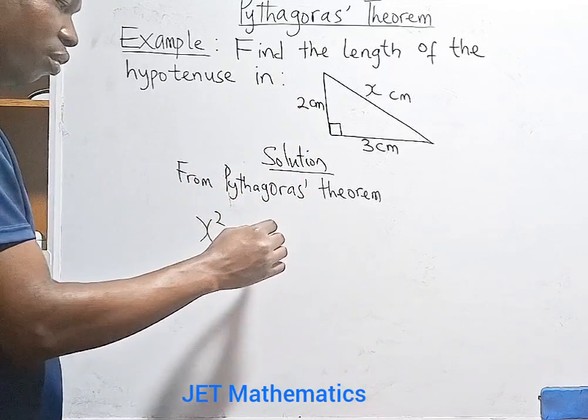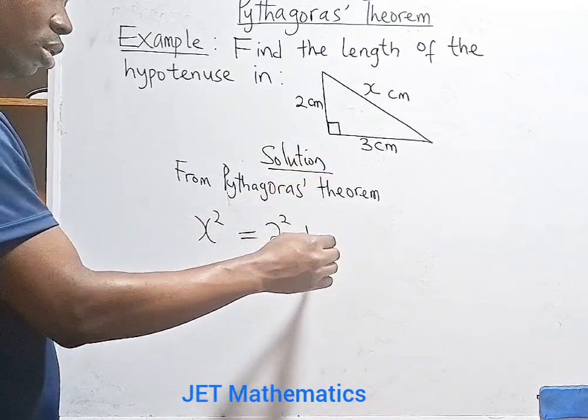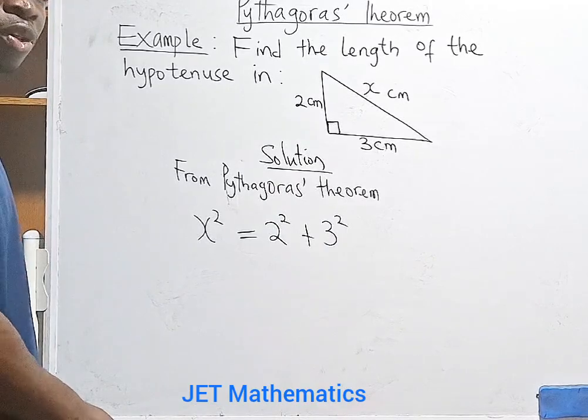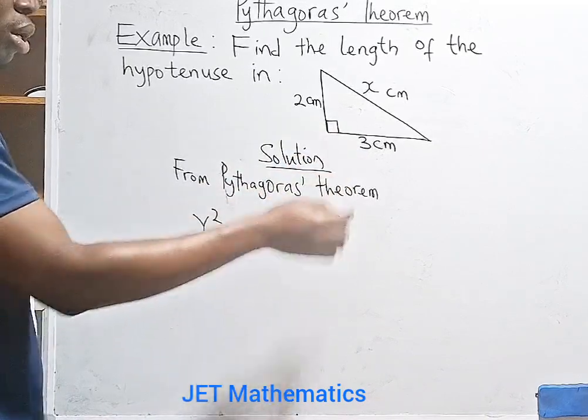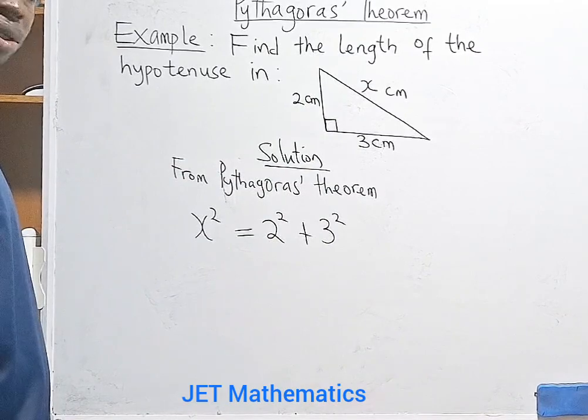So here we have 2 squared plus 3 squared. So you square the legs, sum them up, and that will give you the square of the hypotenuse.